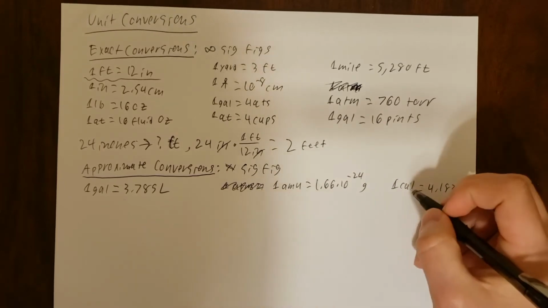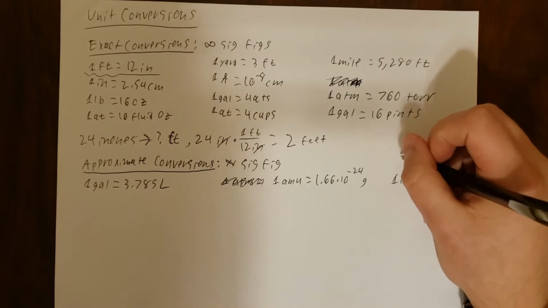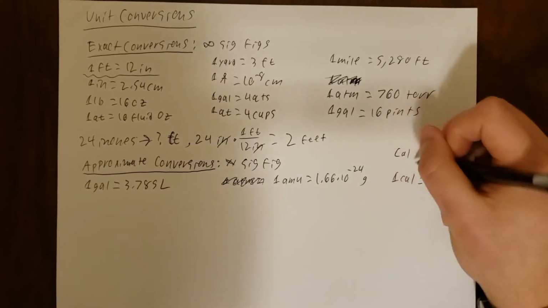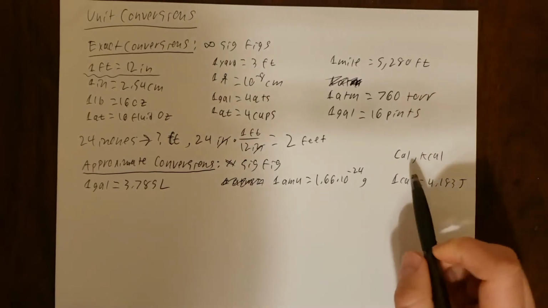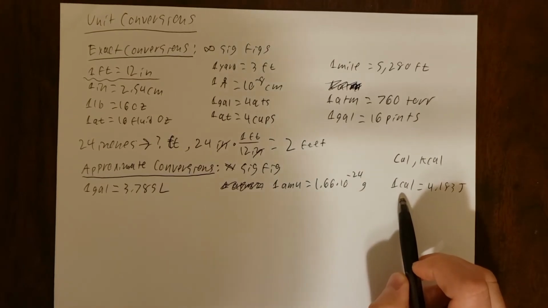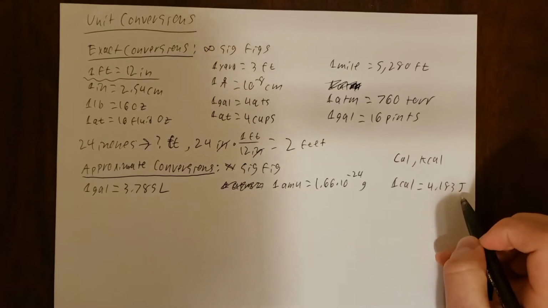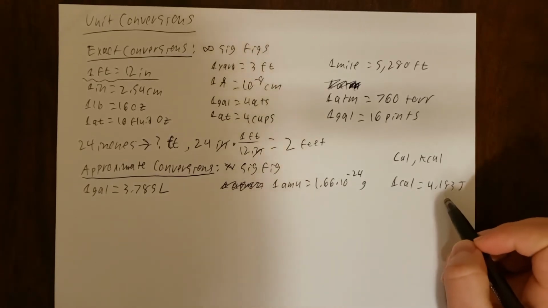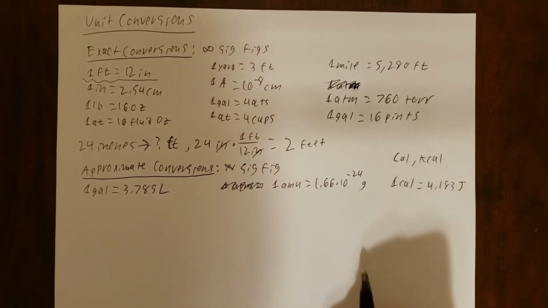The food calorie, some people call it a big calorie and write it with a capital C, or they call it a kilocalorie. But a food calorie is worth 1,000 small calories, and each small calorie is 4.183 joules. And this refers to the amount of energy it takes to heat 1 gram of water 1 degree Celsius.